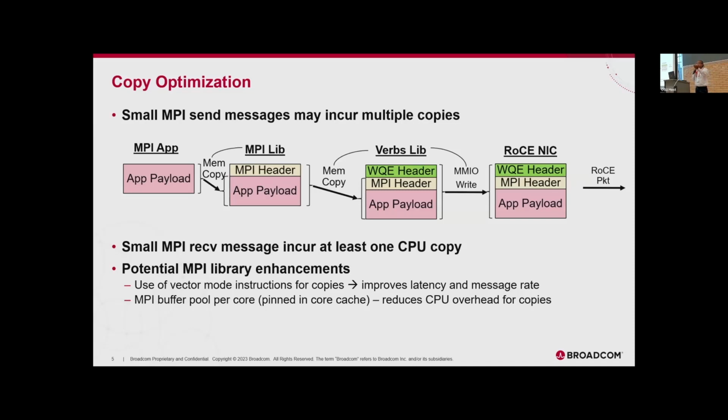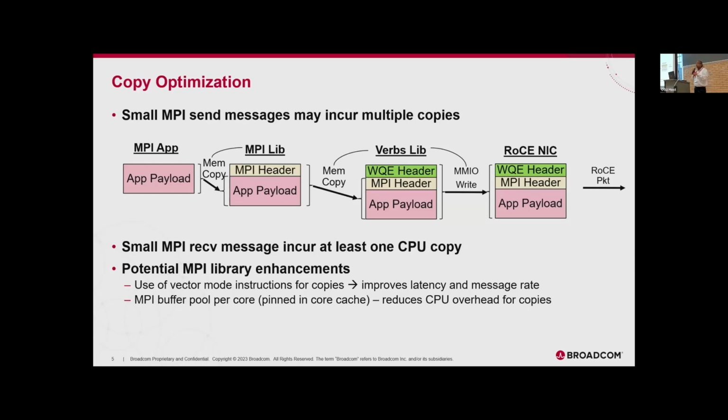Then after that, the MPI library is talking to the verbs library and posting this as a work request. If it is a small message, it may send this as inline data. Then that inline data gets copied into a work queue entry. So that is your second copy. And if you really want to get to low latency, instead of using the DMA model to fetch the work queue entry, you may want to push that using MMIO directly to the NIC buffers.